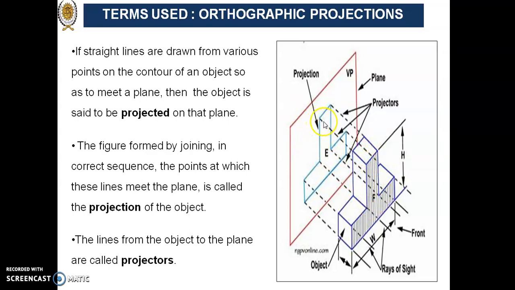The figure formed by joining, in correct sequence, the points at which these lines meet the plane is called the projection of the object, and the lines from the object to the plane are called projectors.